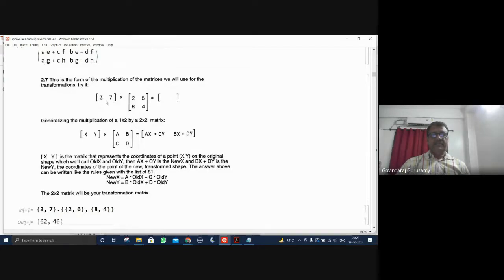Another possibility is that I have only one row, two columns, and here you have a 2 by 2. That can be generalized, and if I do that, I have an interesting result to show: new x equals A times old x plus C times old y.